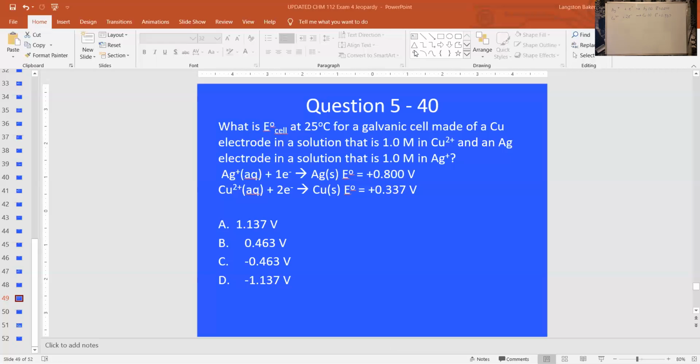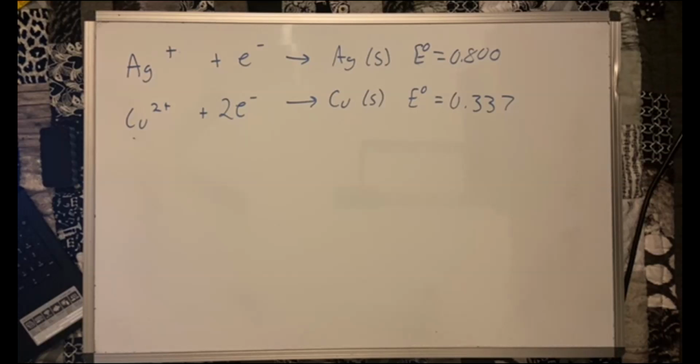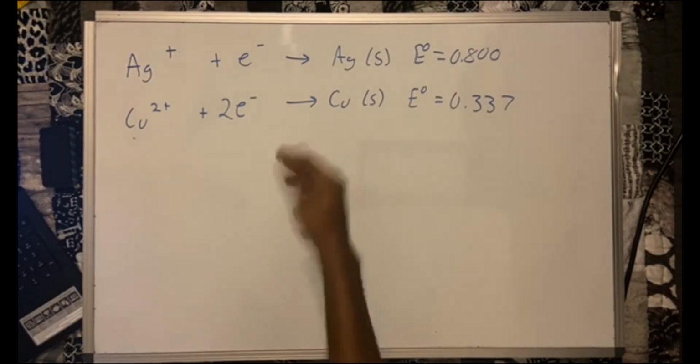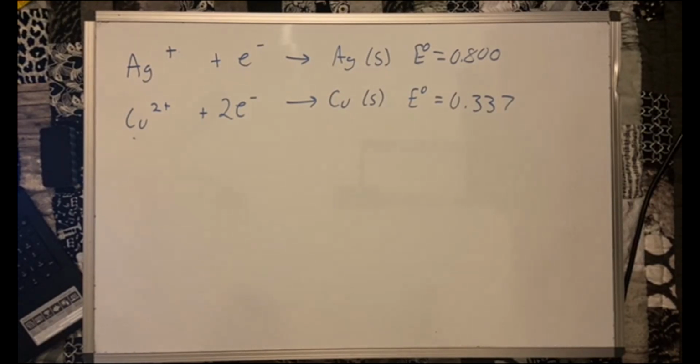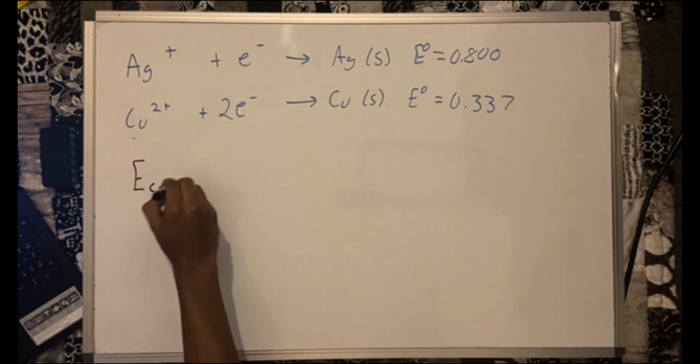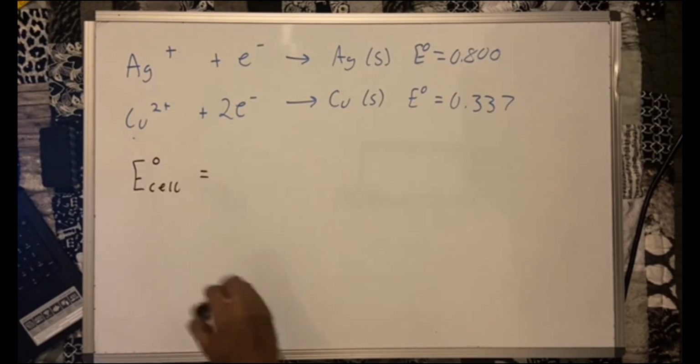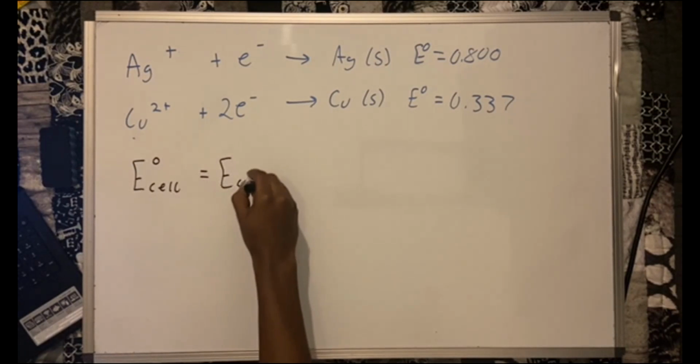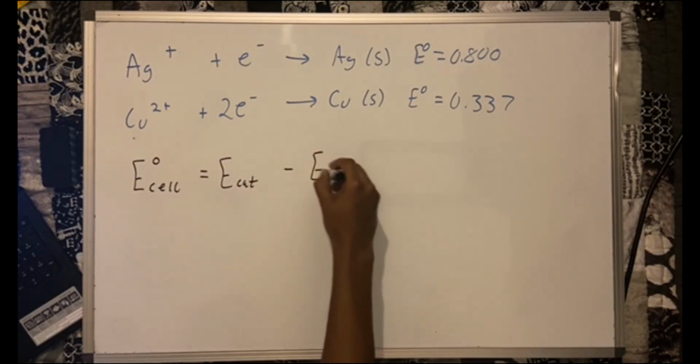All right, so I wanted to know what the E naught cell is for this, and some of you probably ran into this problem: both of those are reductions, so I don't know which one should be which. When it is written like this, how do you determine the cathode and anode? Exactly. So how I would do it is I would look at your E naught cell equation: E naught cell equals E cathode minus E anode.